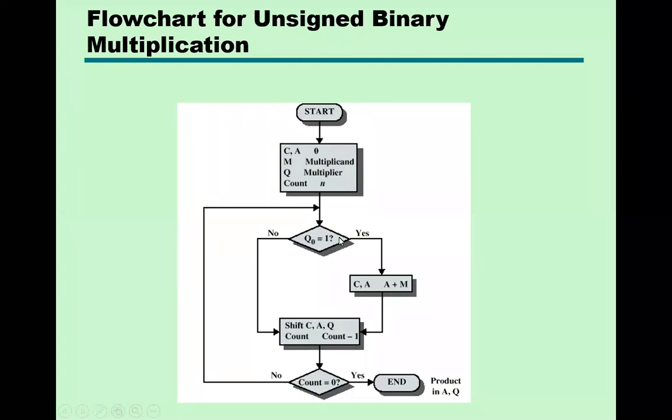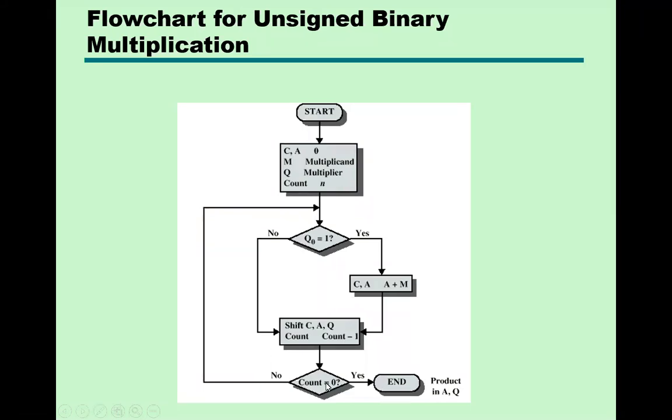If the last bit Q0 is 1, then we add A plus M, and then we perform a shifting operation on C, A, and Q. If Q0 is not 1, it is 0, so that time we will not add A plus M. Directly we perform a shift operation. We repeat this operation multiple times until the count becomes 0.